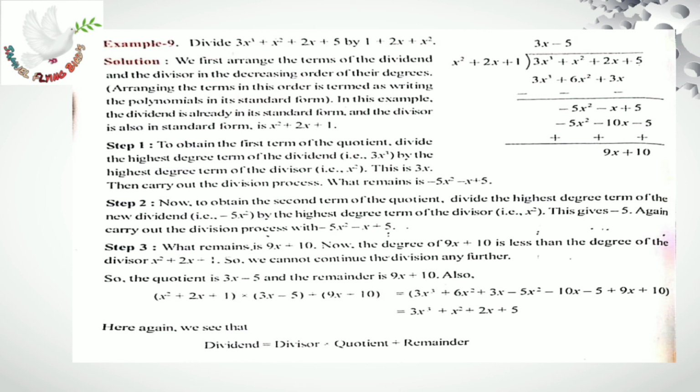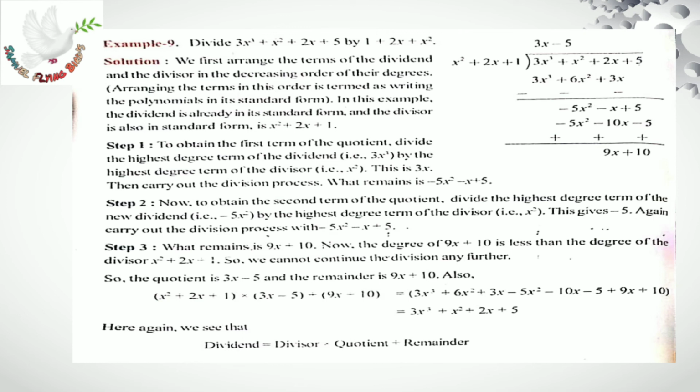Also we can verify by the cross-check method. x cube... the dividend equals x square plus 2x plus 1 into 3x minus 5 plus 9x plus 10.